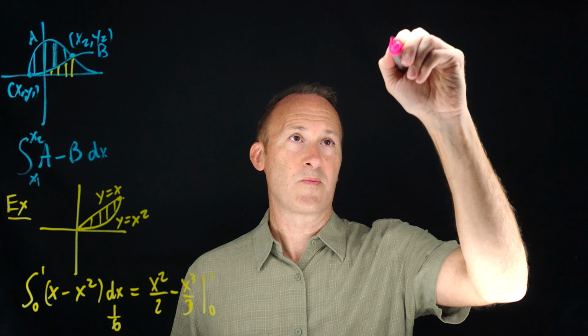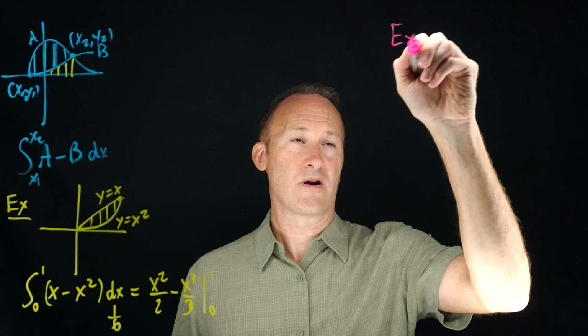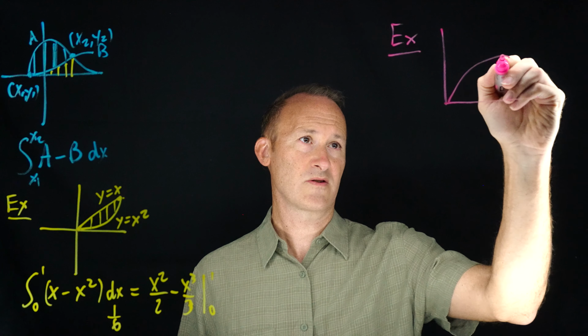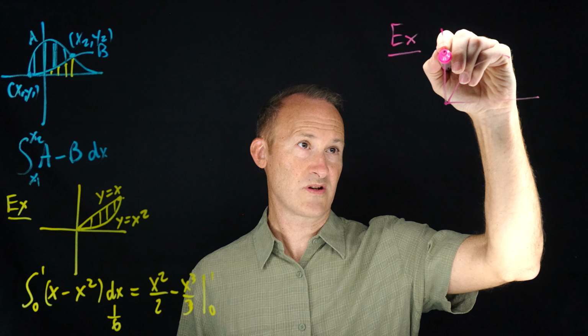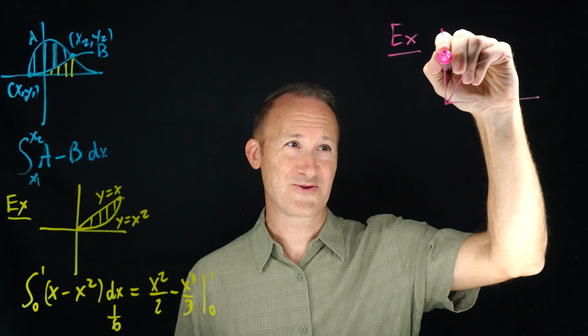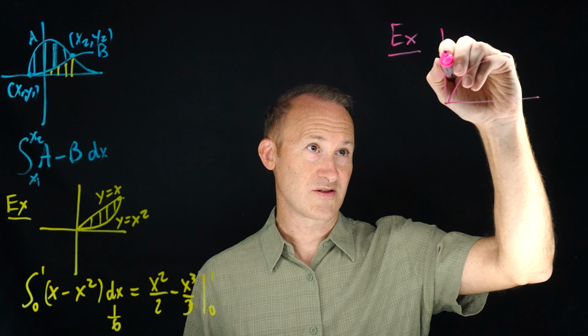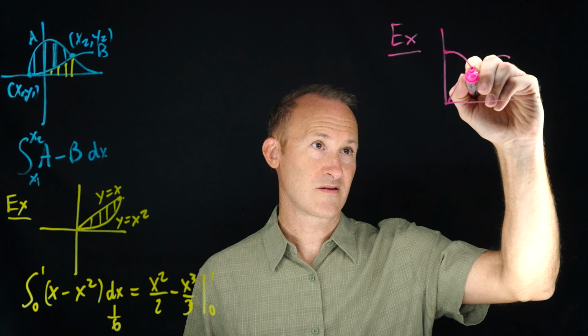Okay, for this next example, let's do sine and cosine. So we're just going to look at the first quadrant. And the sine curve, we're just going to take a portion of it, where they intersect. So sine starts up and goes like this, and cosine starts up and goes down like this.